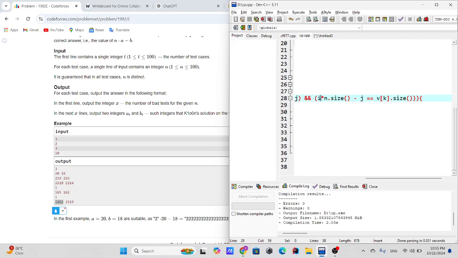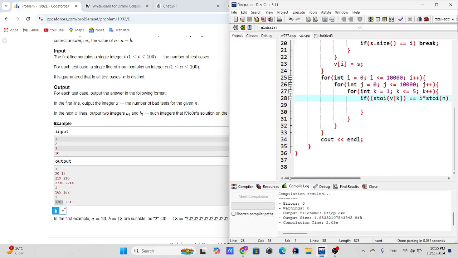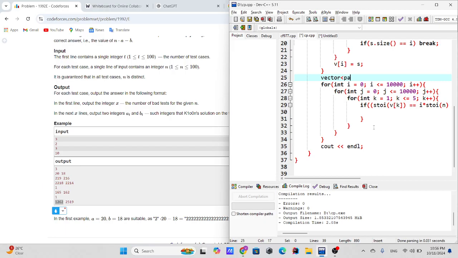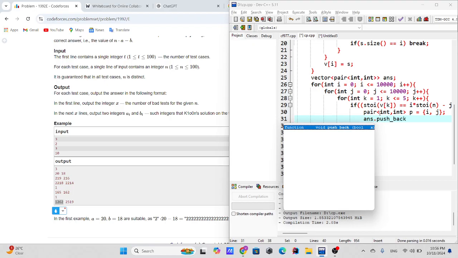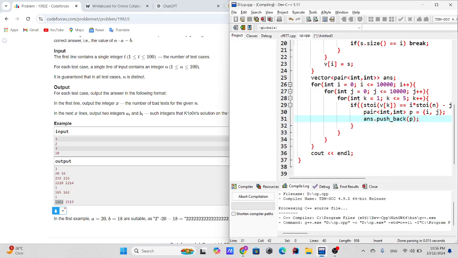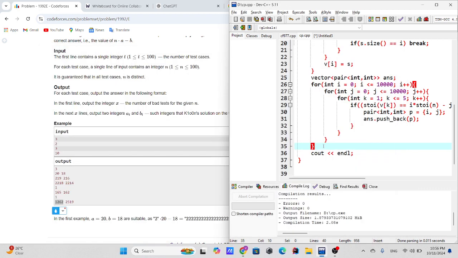What is e, right? e is this multiplied by size of this minus j, then I guess j arms dot push back p. Is it still running? It's still running somehow.